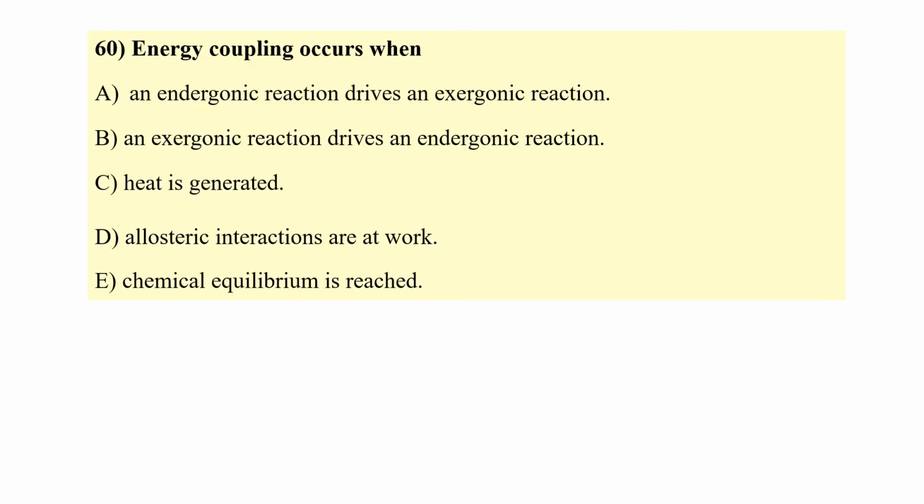Energy coupling occurs when an endergonic reaction drives an exergonic reaction. If you remember, endergonic reactions absorb energy and exergonic reactions release energy. So this is incorrect. When an exergonic reaction drives an endergonic reaction, this is correct. When heat is generated, this is not correct.